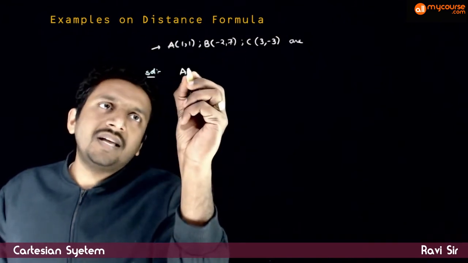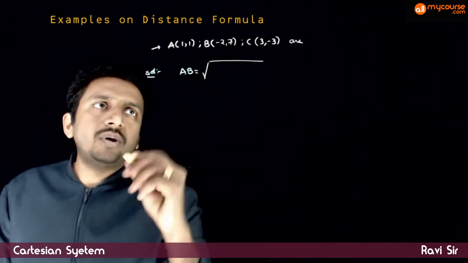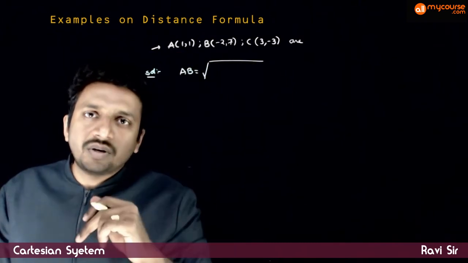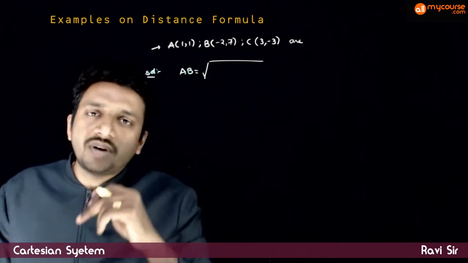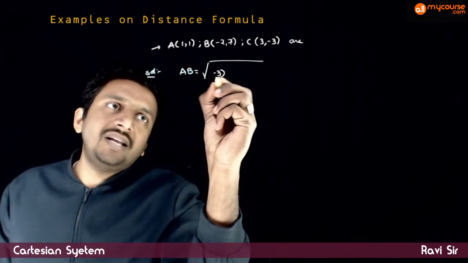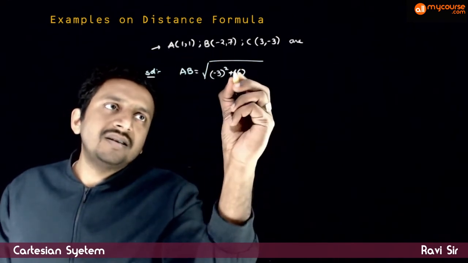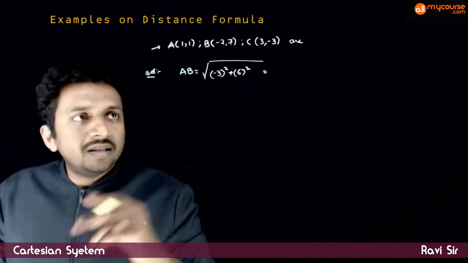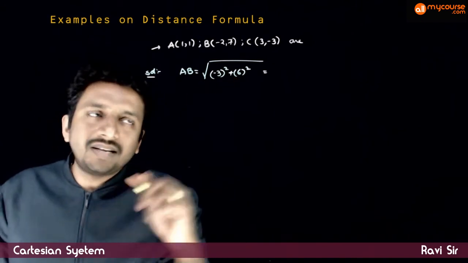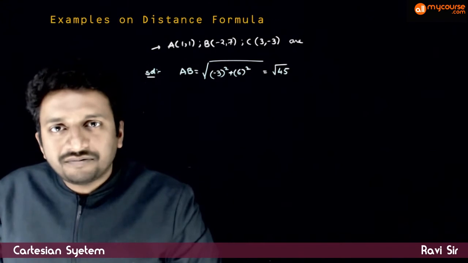So what is AB? AB is equal to square root of x2 minus x1 whole square plus y2 minus y1 whole square. So minus 2 minus 1, it is minus 3 whole square plus 7 minus 1 is 6 whole square. That is equal to root of 9 plus 36, square root of 45.